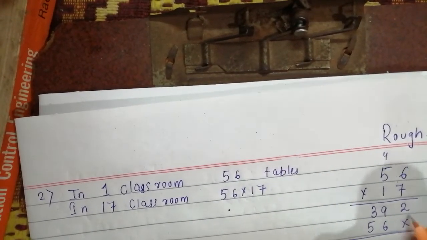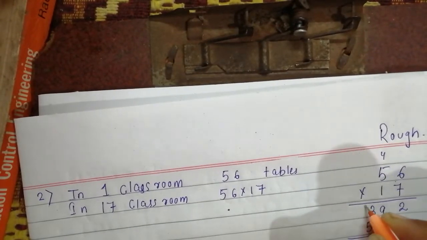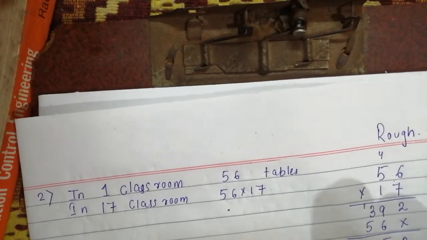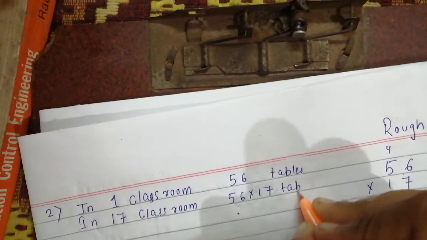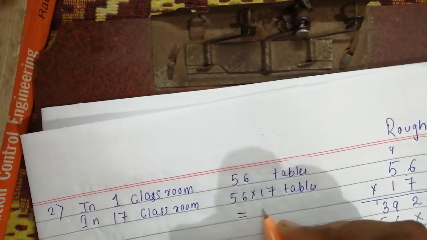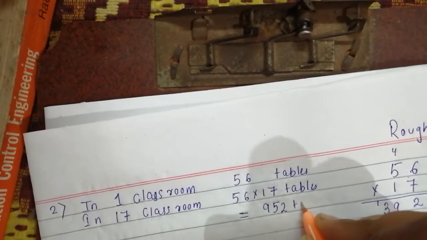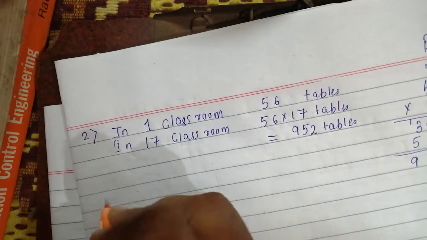Now put a cross, now add 2. 9 plus 6 is 15, carry 1, 9. So the answer is 952. This is equal to 952 tables. So after this you will put a therefore.